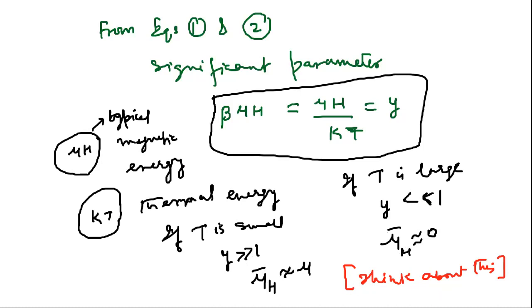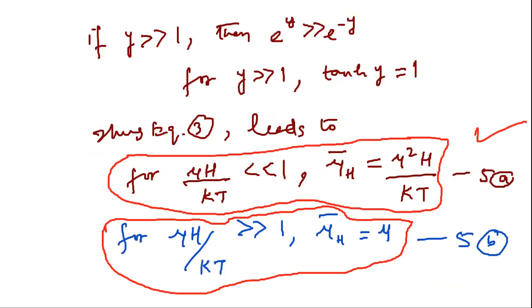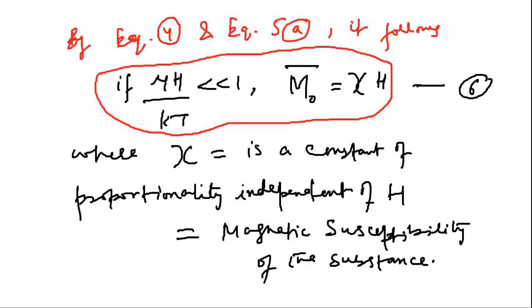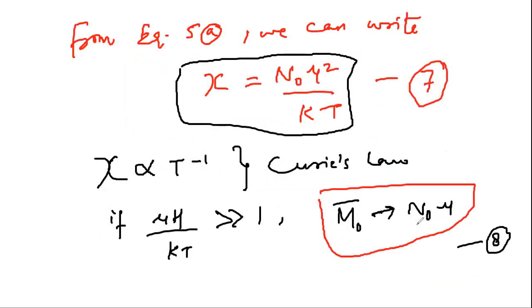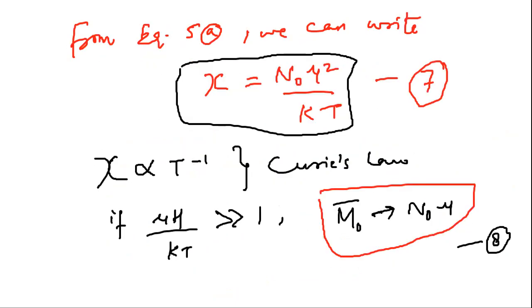So the second condition is this one, the last one, when we said the magnetization is N naught times mu, and the first situation corresponds to the other condition, right? This one. You will check it and compare the qualitative discussion with the quantitative calculations.